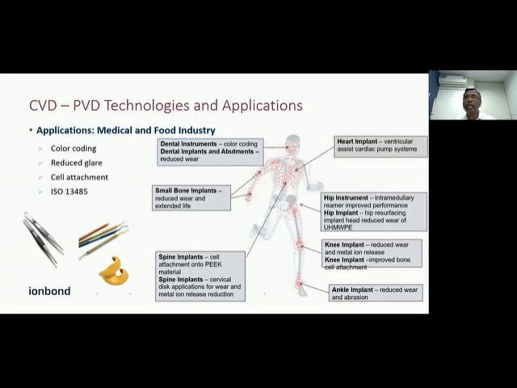So to have the antifungal property, some PVD coatings have been developed, like titanium oxynitride, or some of these DLC diamond-like coatings are also useful to have antibacterial coatings on those kinds of tools.